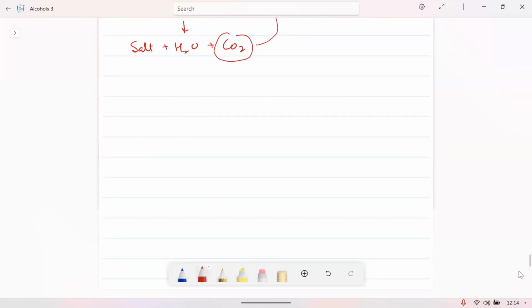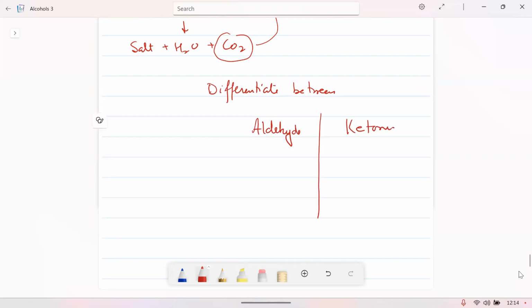The next thing is, how will you differentiate between aldehyde and ketone? Now, there are many reagents to differentiate. We will not go into the reactions. We will only focus on the observation.